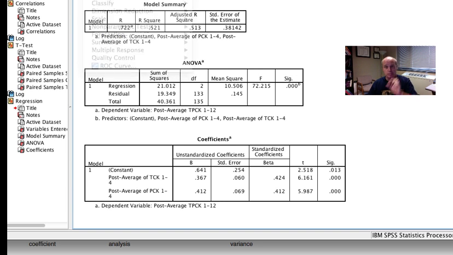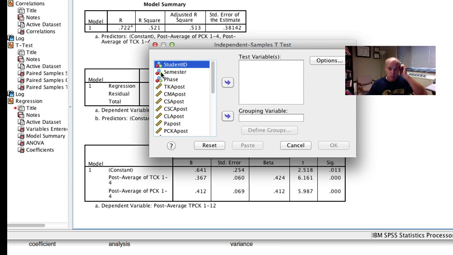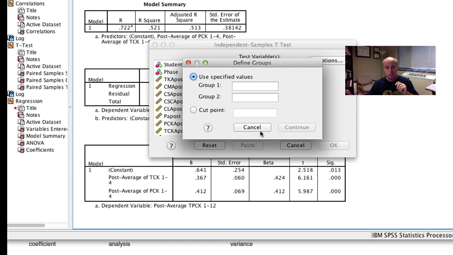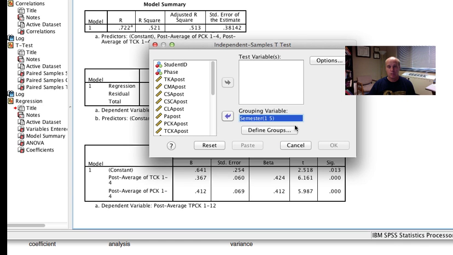I mean, they're different people. All right, so I'm going to use semester as my grouping variable. And with the t-test, I have to define this. Which ones are they? I'm going to compare semester 1 to semester 5. I'm just picking 2 now.